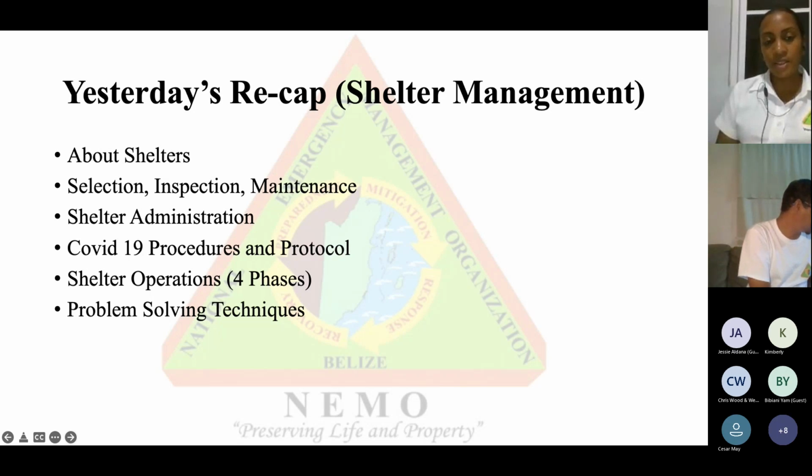Then we also talked about problem-solving techniques. One technique you can use to solve problems at your shelter is to act as a judge, listen to 2 sides of a story, and then make a decision based on that.